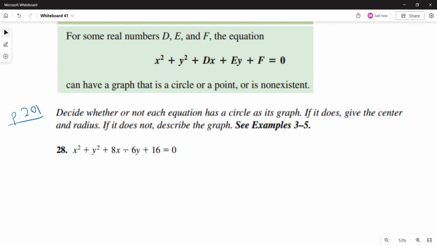If it does, give the center and radius. If it doesn't, describe the graph. So this is what we're going to do. We're going to group like terms and complete the square.